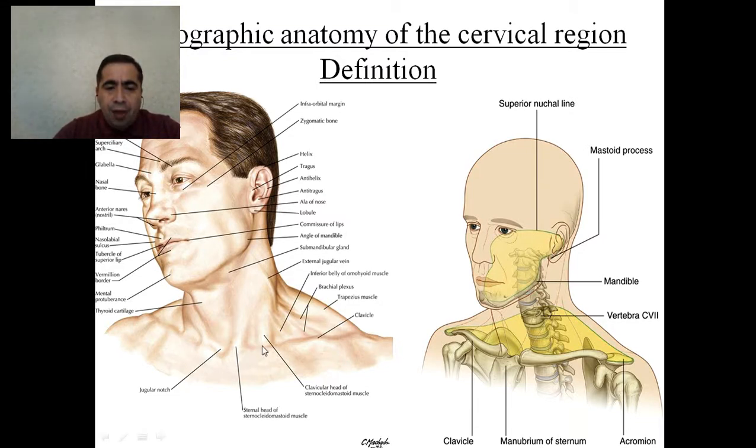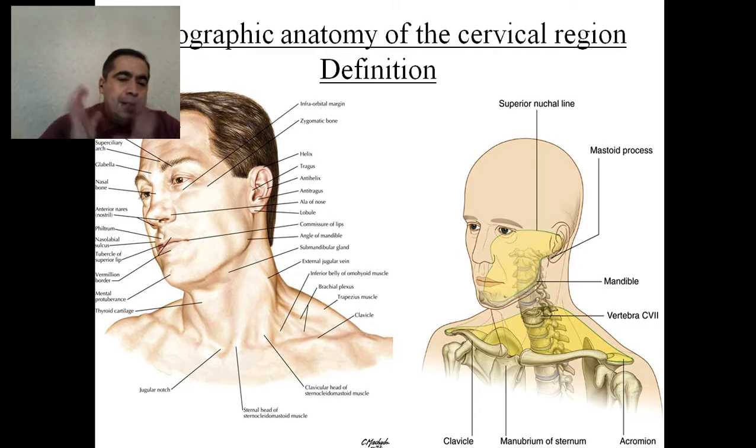And here is the inferior belly of the omohyoid muscle, which is crossed by the sternocleidomastoid muscle. And the trapezius muscle again, which separates the anterior region from the posterior region of the neck, the clavicle, and the external jugular vein, which is located more superficially than the internal jugular vein, and it is very pronounced during coughing.